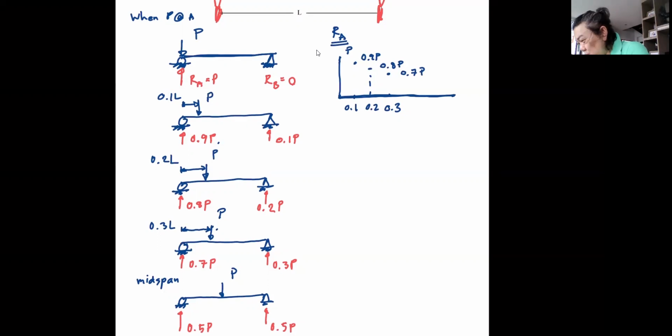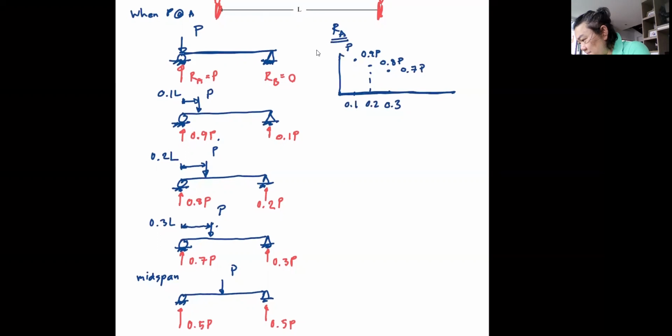I can continue to plot the value, and then I will have a graph that looks like this. Okay, now this is the graph that shows the value of the reaction at A according to the movement of the load.